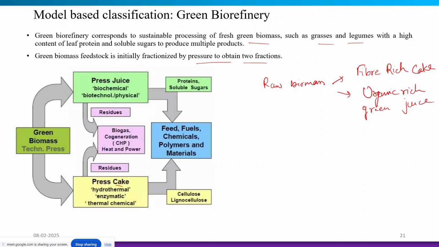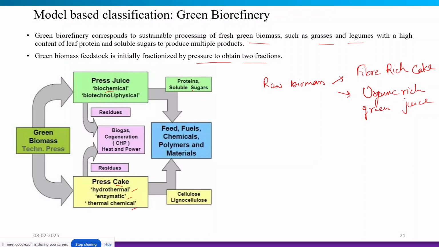This press cake is treated further by hydrothermal, enzymatic or thermochemical processes to obtain a variety of chemicals and biomaterials. Whereas the other fraction, the green juice, is treated by biochemical and other biotechnological processes to obtain miscellaneous organic compounds or other natural products.